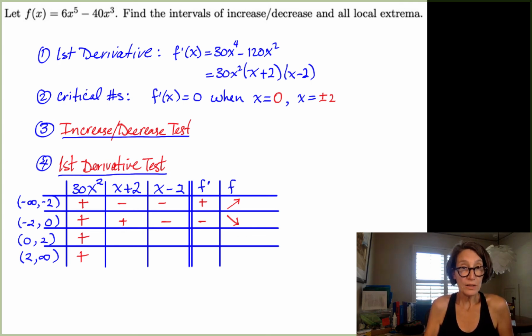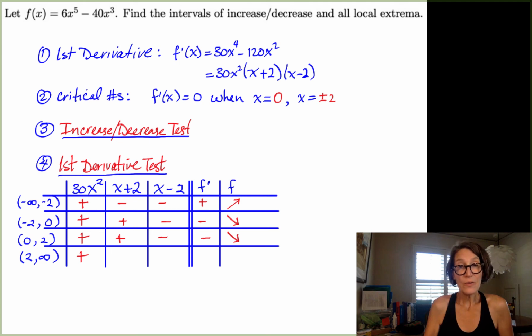All right, let's go to the interval 0 to 2. Plugging in positive 1 into x plus 2, I get a positive number, so there's a plus sign. If I plug positive 1 into x minus 2, I get a negative number. So f prime is a positive times negative, so f prime is going to be negative on that interval, which means f is still going down.